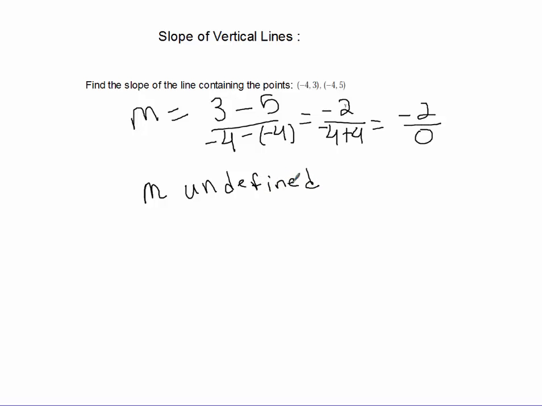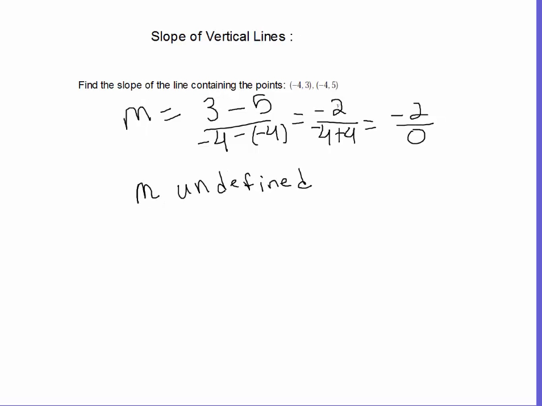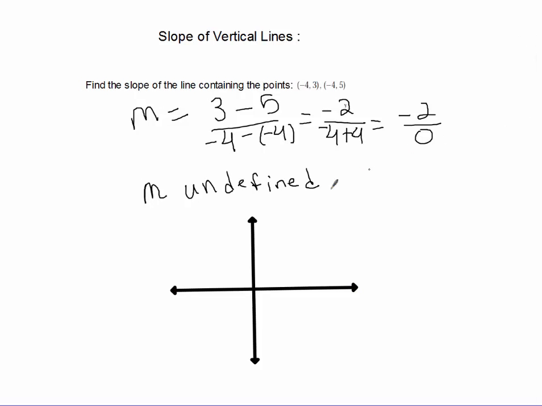So m is undefined. Now, what's happening with the graph? Let me graph the line. So here we go, my x and my y. If I graph my points, here we have -4, 3, so 1, 2, 3, 4 for -4, 3, 1, 2, 3.